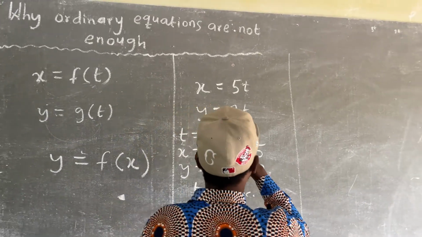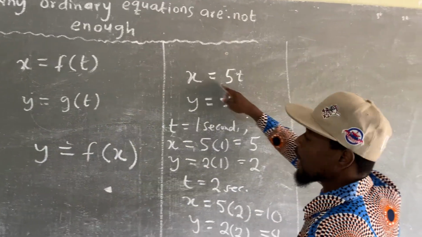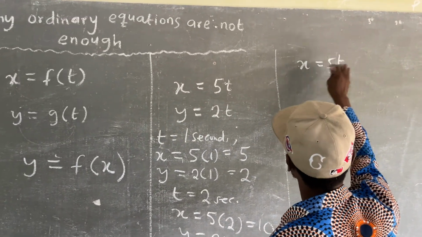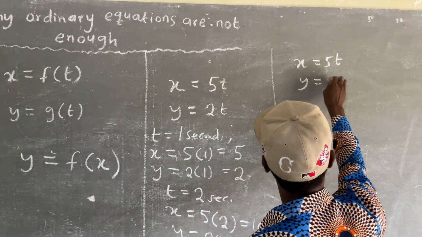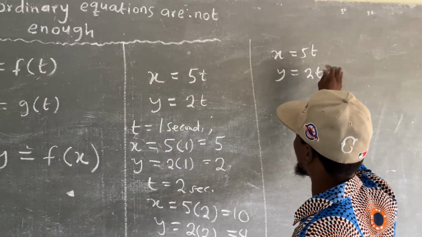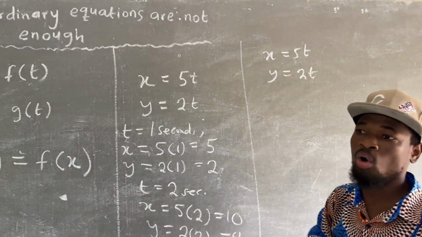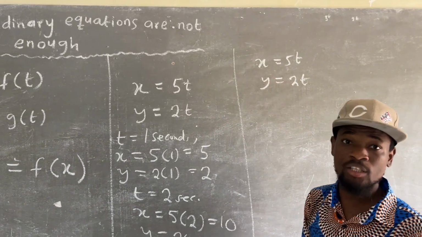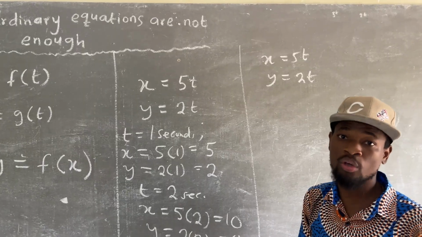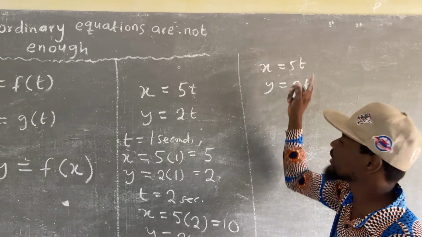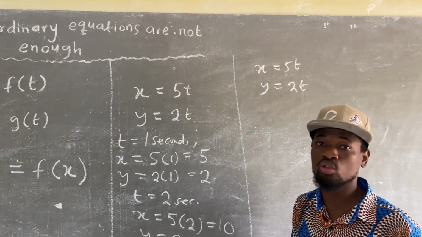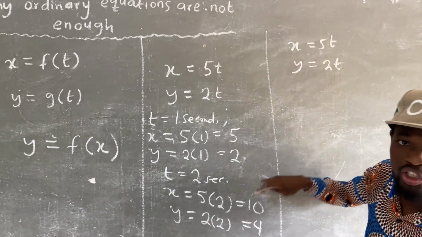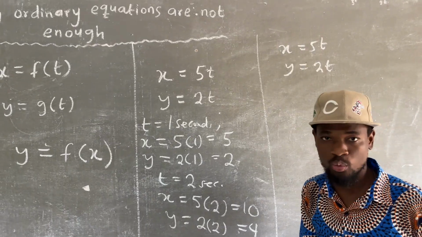If I have the same equations, x equal to 5t and y equal to 2t, we have what we call elimination of the parameter t. In other words, we are going to eliminate this parameter, changing parametric equations into a Cartesian or ordinary equation.